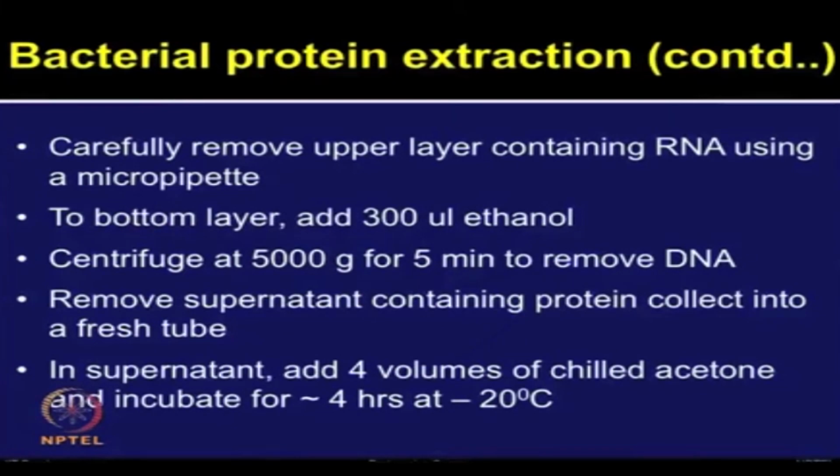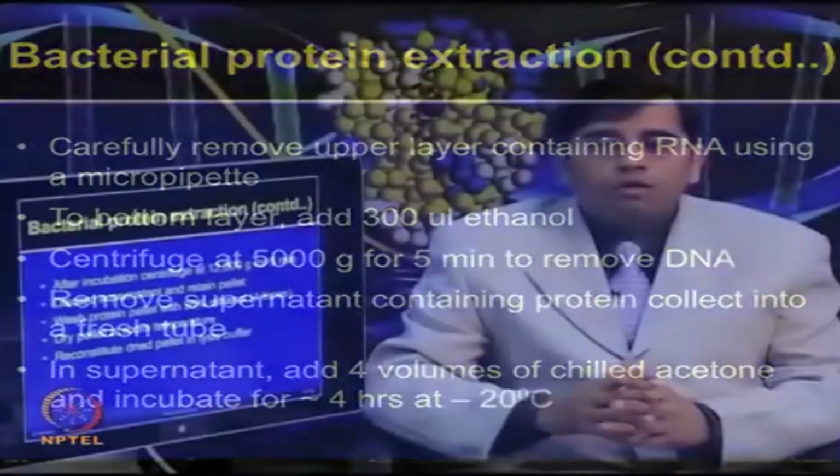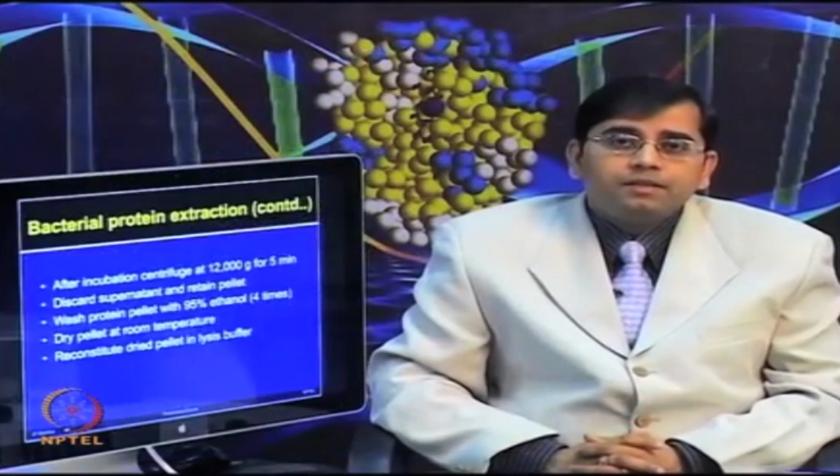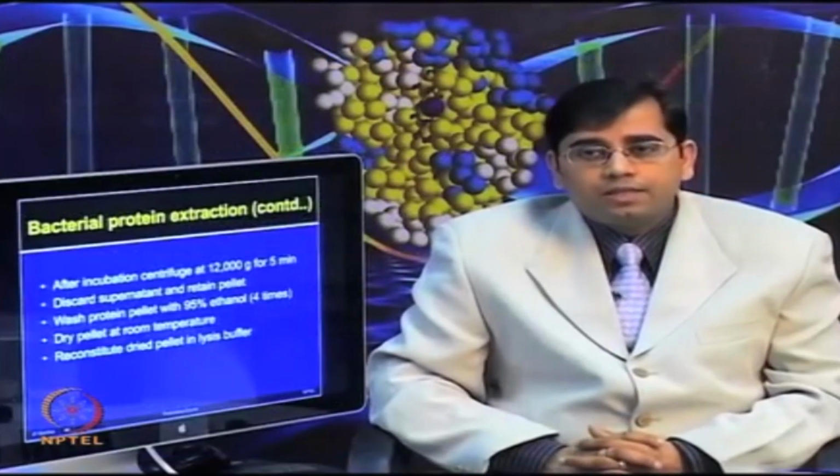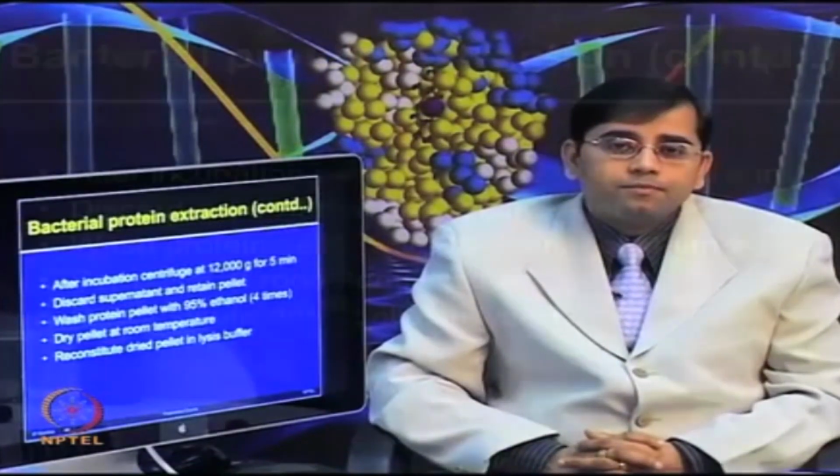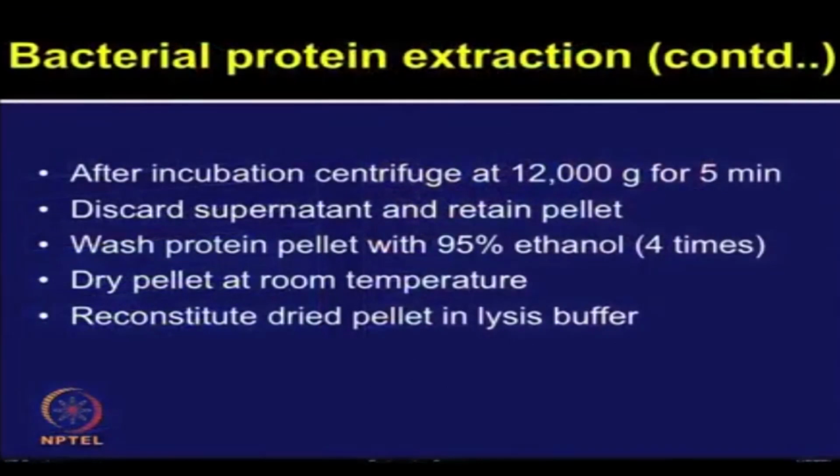Incubate this mixture at minus 20 degrees for 4 to 6 hours. Once the incubation is done, centrifuge for 5 minutes. Discard the supernatant after centrifugation and retain the pellet.